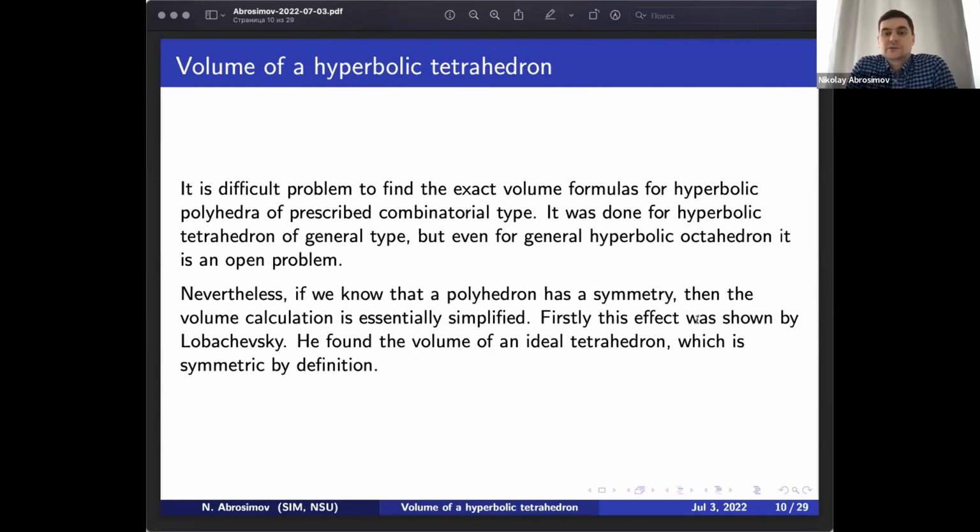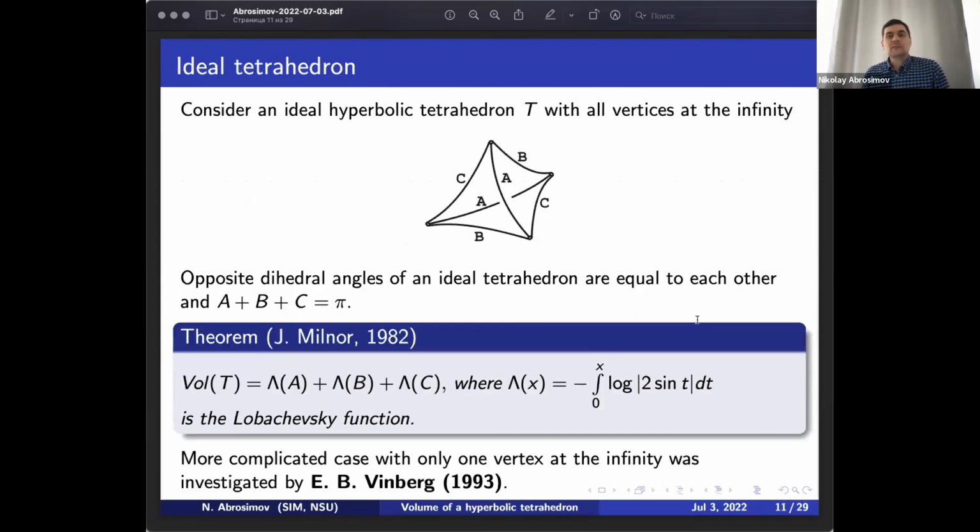Firstly, this effect was shown by Lobachevsky. He found the volume of an ideal tetrahedron which is symmetric by definition. So an ideal tetrahedron is a hyperbolic tetrahedron with all 4 vertices at infinity.